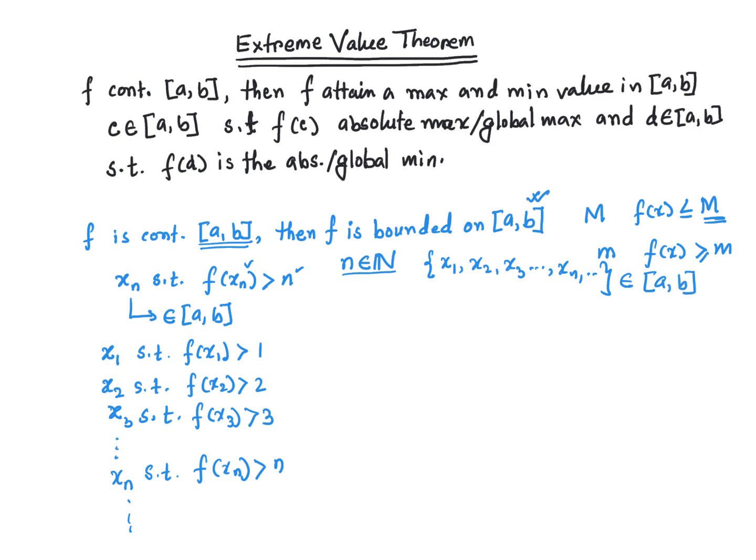So this is a sequence I created by picking numbers from this interval such that these conditions are satisfied for each x sub n. That will show that the function is unbounded in the positive direction.